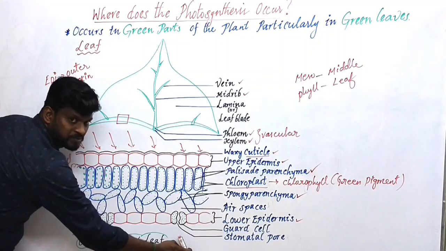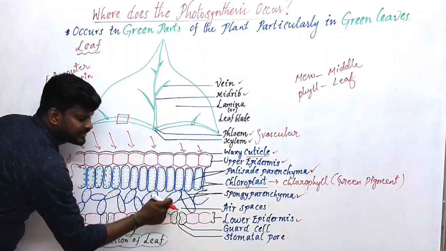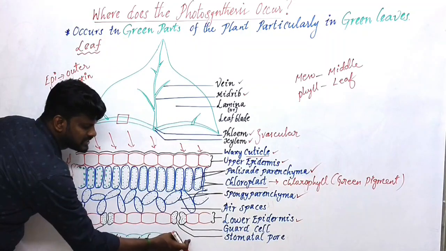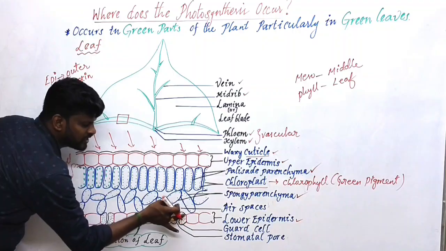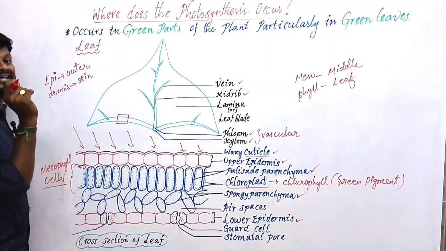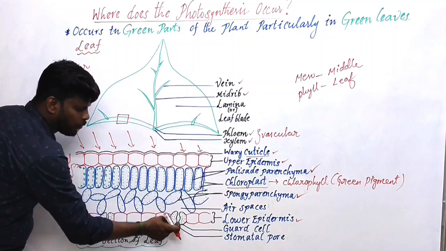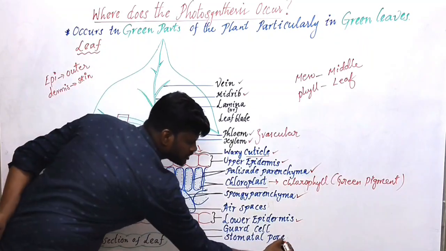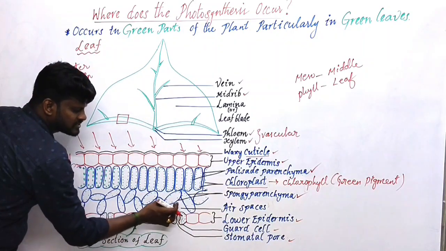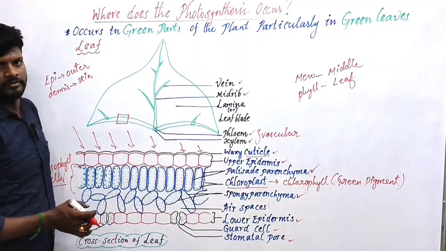See, this is the atmosphere, the outer environment, and this is the air space present inside the leaf. So this opening or pore between guard cells connects the atmosphere and the air spaces, which facilitates exchange of gases. The guard cells and this opening, which is generally called the stomatal pore, the stomatal pore, guard cells and the air space together are called stomata, right?